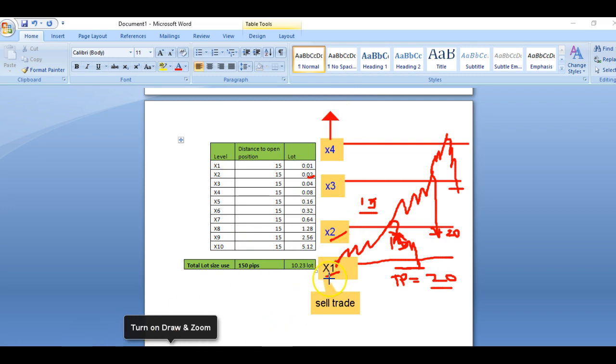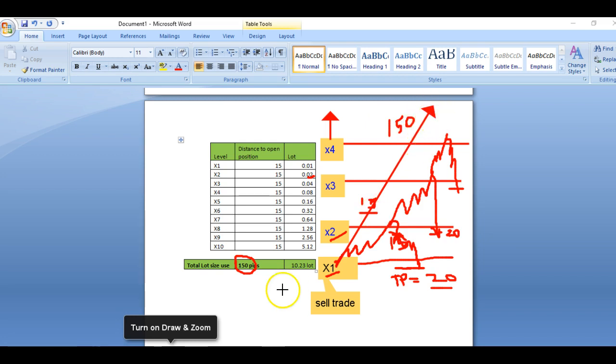So the first thing you may want to ask me is, what if this is a losing trade? Maybe the losing trade goes to 150 pips. What it means is that from here down to here goes up to 150 pips.